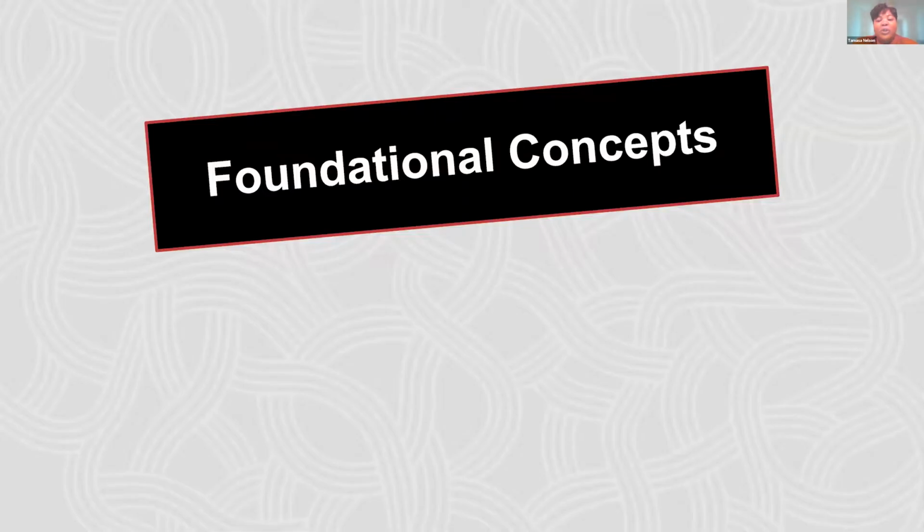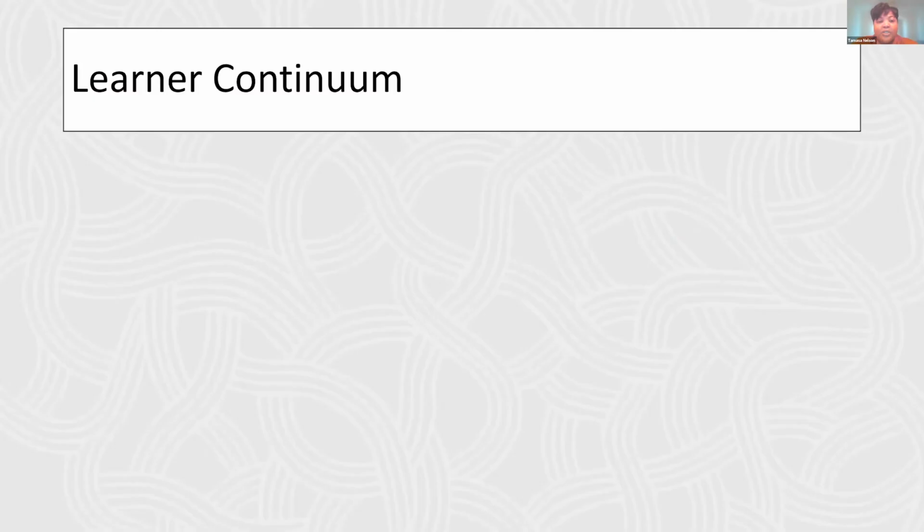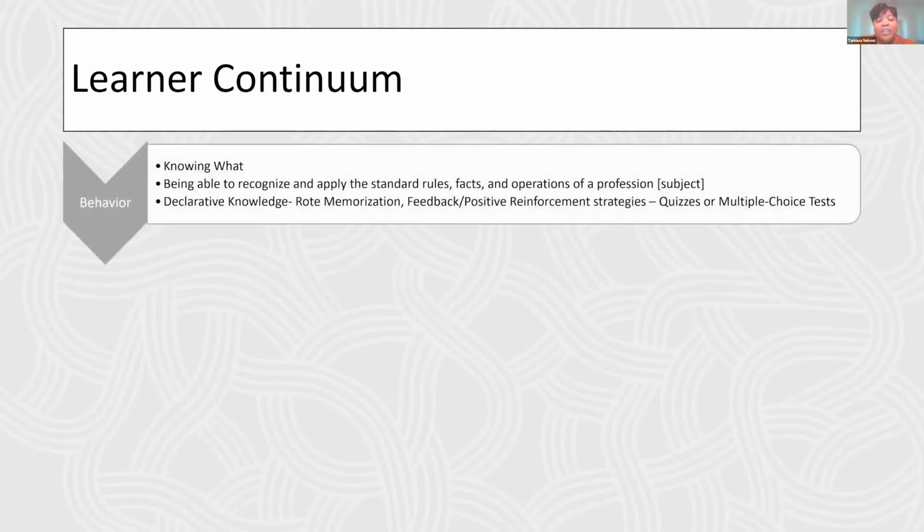So we're going to get started with just a few of the foundational concepts. And those begin with the learner continuum. We start first at the behavior level. And in this theory, we talk about knowing what. In this case, the learners are being able to recognize and apply the standard rules, facts, and operations of either a profession or a subject matter.